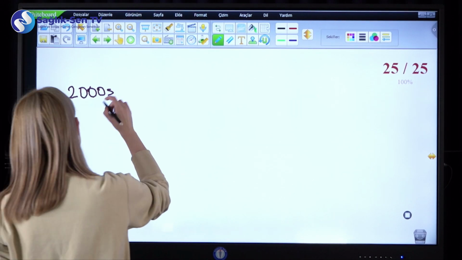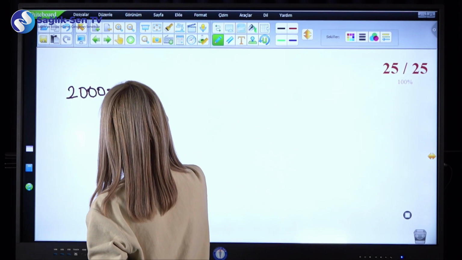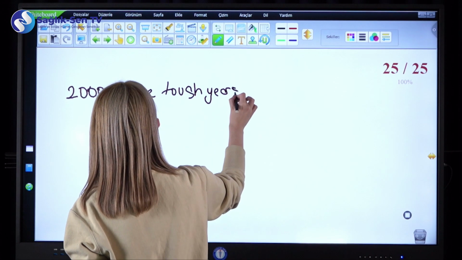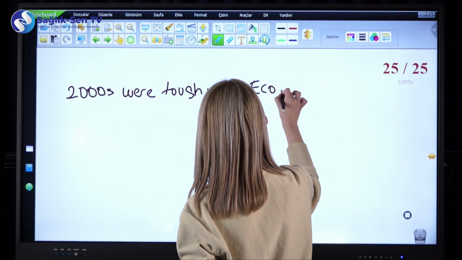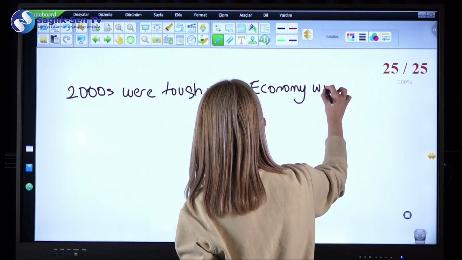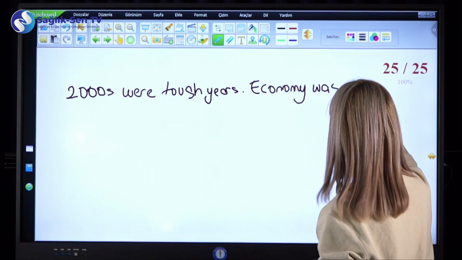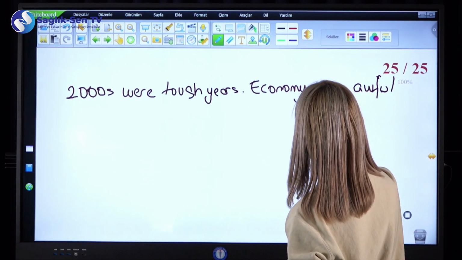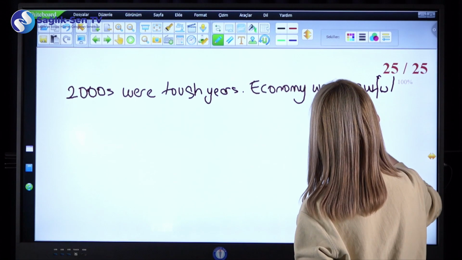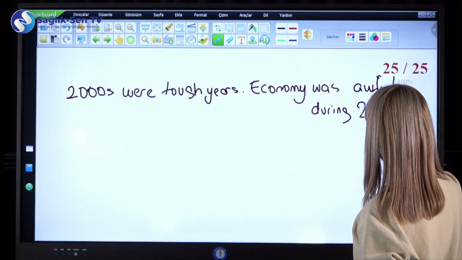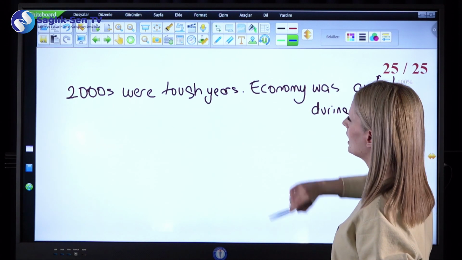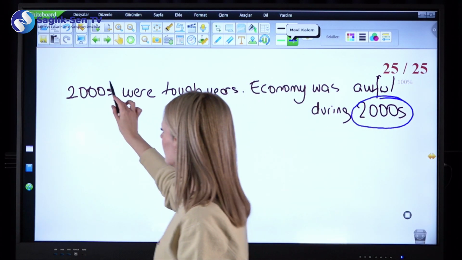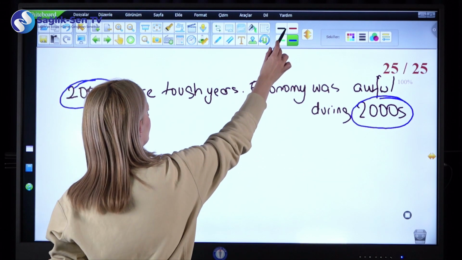2000s were tough years. Economy was awful during 2000s. So as you can see, we have a common thing in these two sentences, which is 2000s.